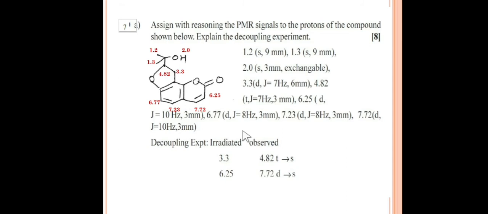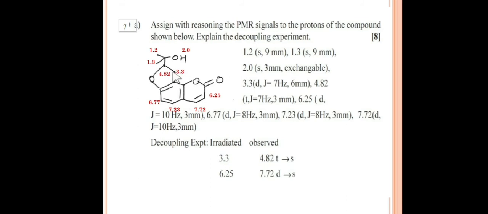This is how we can assign the chemical shift to any proton with the help of coupling constants and basic knowledge of chemical shift. Let's confirm our assignment with the help of the decoupling experiment. Decoupling shows that if we irradiate the proton at 3.3, the proton at 4.82 converts from triplet to singlet. Previously it was showing a triplet, after irradiation it shows a singlet. That means if we irradiate this CH2, the 4.82 converts from triplet to singlet.